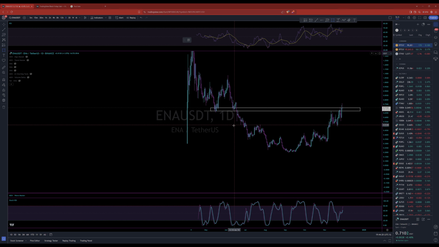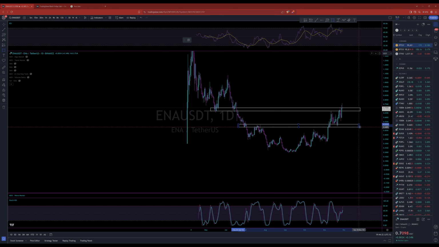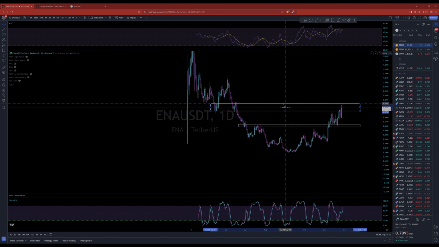Another one we can identify is probably this one here. So this one probably can extend a little higher to like right there. That's a zone here that it'll bounce in, maybe a little above, but around this price area you'll get a reaction.